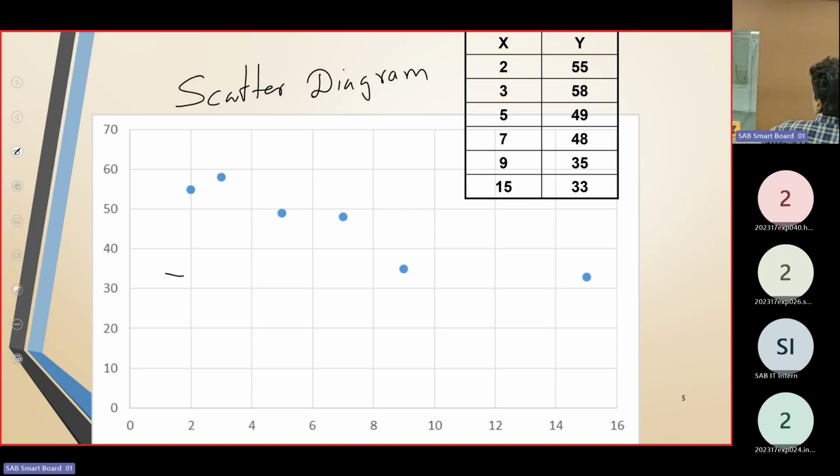From the scatter diagram, we can identify whether there is a possibility of a relationship.